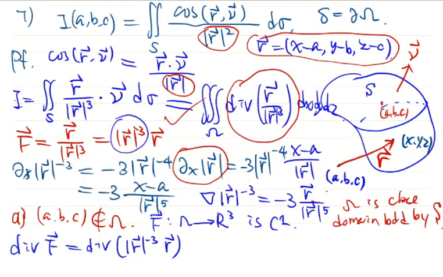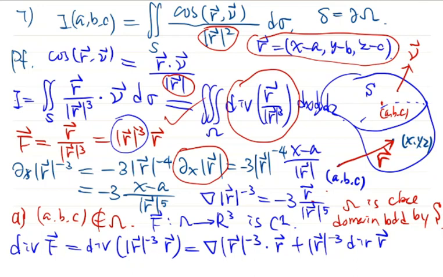So applying the formula we established in the proposition we proved before, this will be the gradient of the norm of R to the power minus 3, inner product with R, plus the norm of R to the power minus 3 times the divergence of the vector field R. Okay, this is the formula.